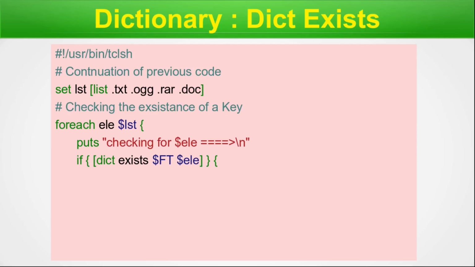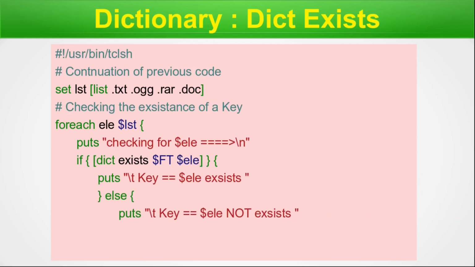So dict exists $ft, where $ft is the dictionary name, and the element is what we are checking as a key. Else we say this particular key does not exist, and we close it, and we close the foreach loop here. So this is the way we can iterate over a list which contains some random keys, and check whether any of them exist as a key of our dictionary. So the outcome will be like this.